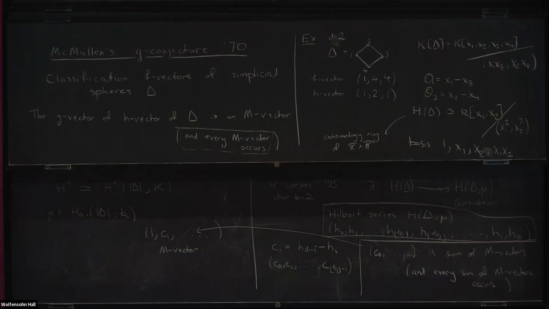I just had a historical question. I don't know how cautious you were being with your wording, but you talked about Adiprasito announcing a proof of the g-conjecture in 2018. There was another proof announced maybe a year earlier that turned out to be incorrect. And there was no consensus about whether the 2018 proof is a proof. I wanted to ask if you know what the consensus is. Well, I maybe defer to you.